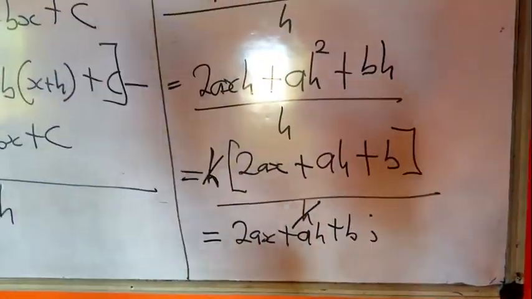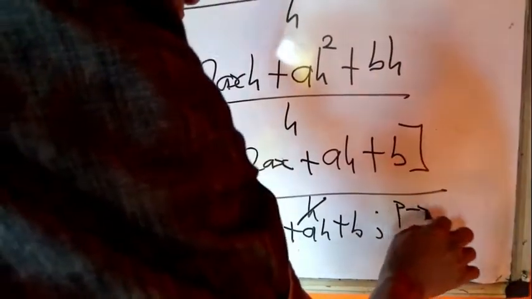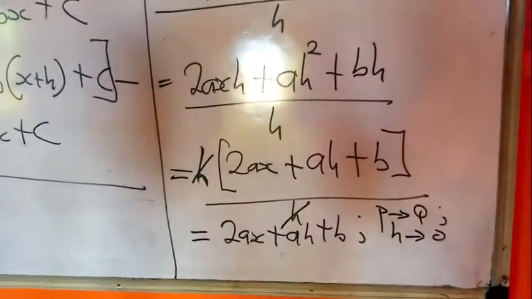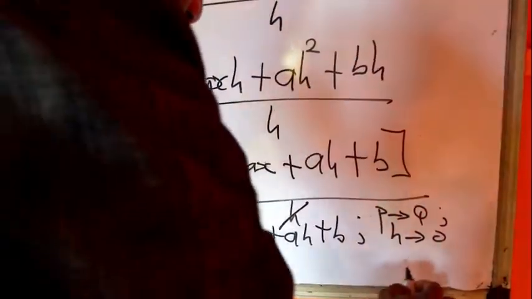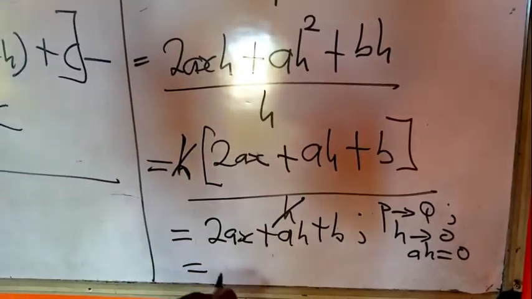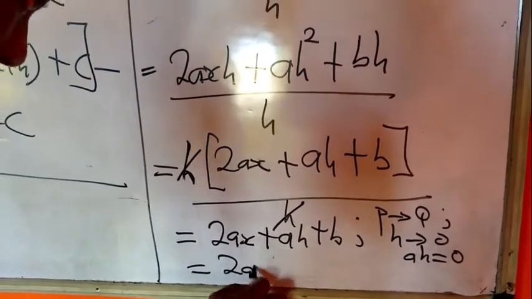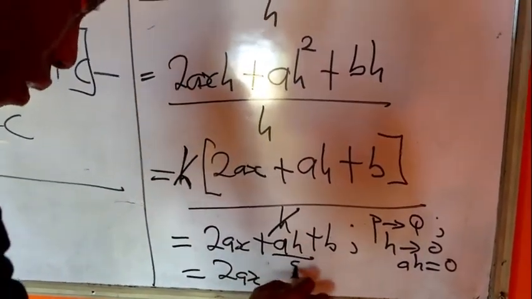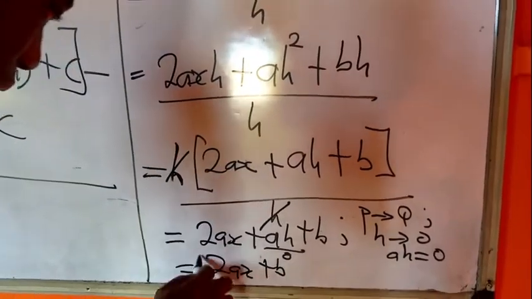Now, the principle says Q tends to P, h tends to 0. If h tends to 0, then ah is equal to 0. So what you have now is 2ax, where this one is 0, plus b.